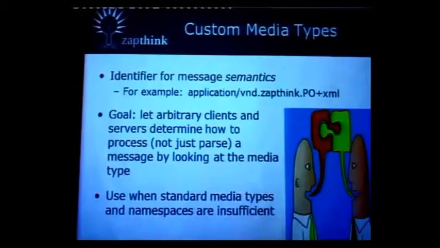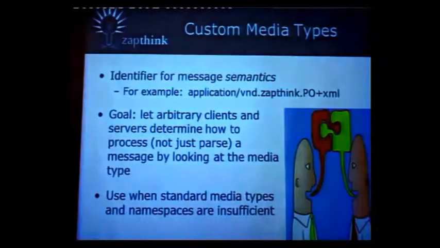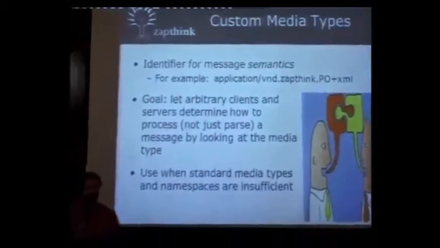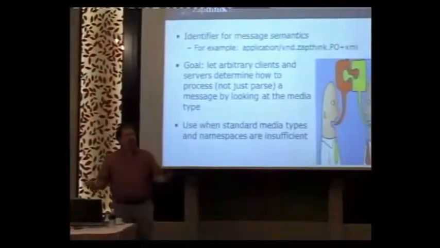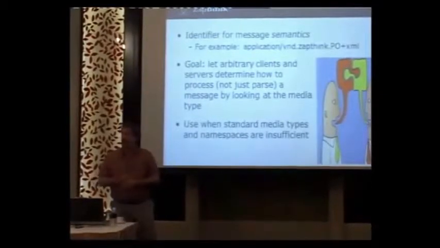So the goal here is to put whatever sort of additional contextual information or semantic information into the interactions. So if I wanted to have this custom purchase order format with all of this semantic information about what it means to send a purchase order to my company, I can do whatever I want. This gives me the ability to put semantic information into these interactions.